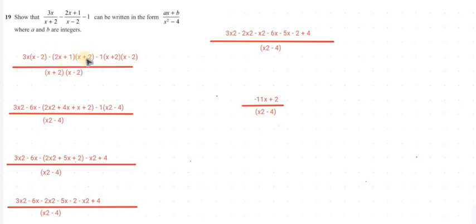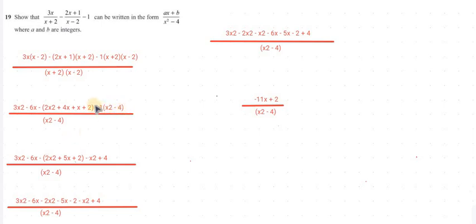So when you expand all of that, so 2x squared plus 4x plus x plus 2, and they have minus 1. And when you expand that, you have x squared plus 2x minus 2x, that's 0, and then plus 2x minus 2, plus 2 times minus 2, that's minus 4.